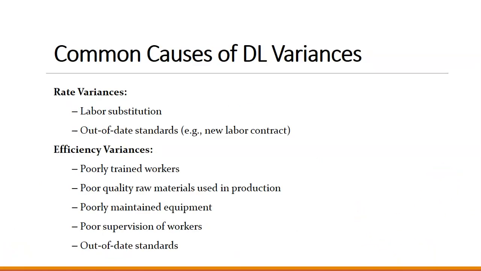So common causes of direct labor variances can be labor substitution, out-of-date standards. We could have new employees on. So if we saved money versus our standard cost of labor, it could be because we have a lot of new people on. Our efficiency variances can be caused, one, because new people or the people we have are poorly trained.